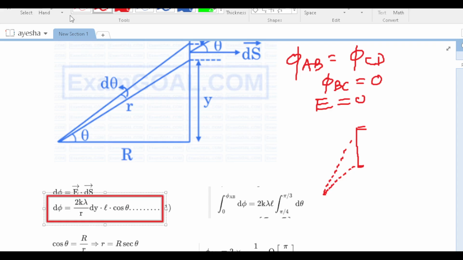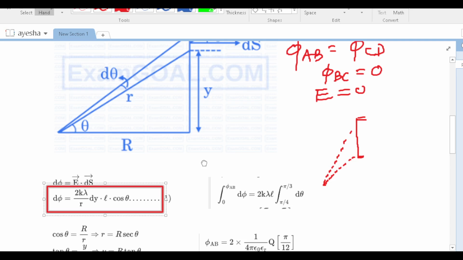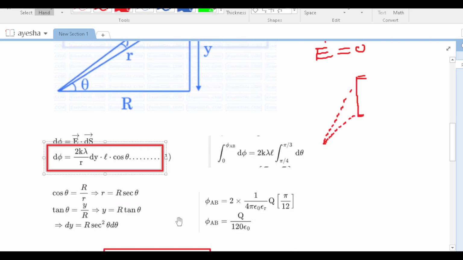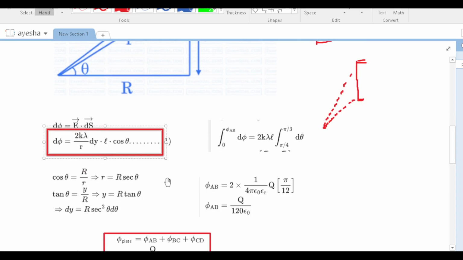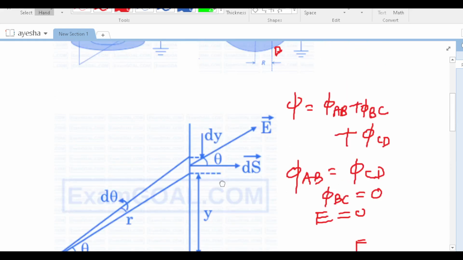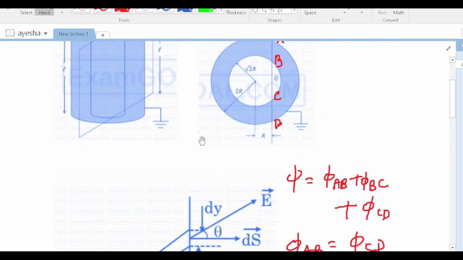If you do your basic maths and the integration, finally you can crack this using the trigonometric ratios cos theta and sin theta, solve for this dy, and once you integrate it, you'll come to an answer: flux of AB is equal to Q by 120 epsilon naught. Here the shell is made of a dielectric whose value is 5.